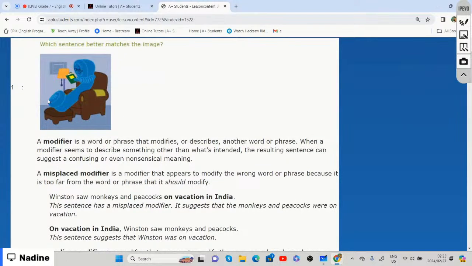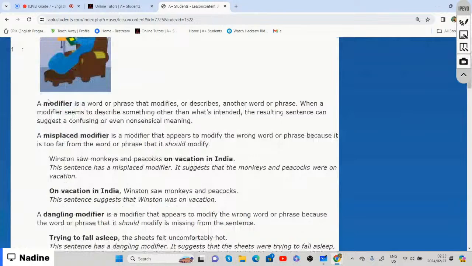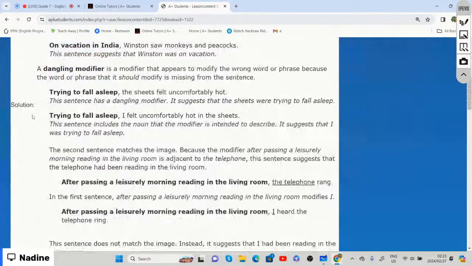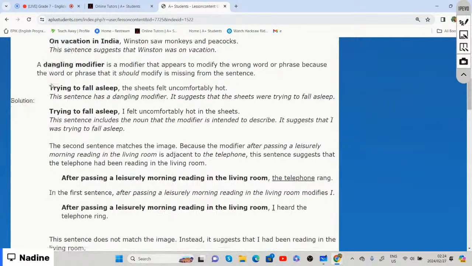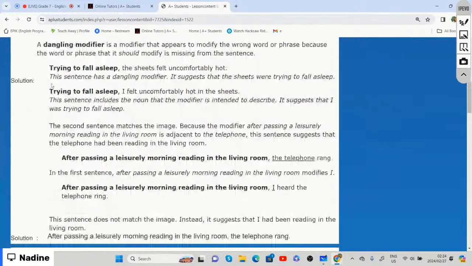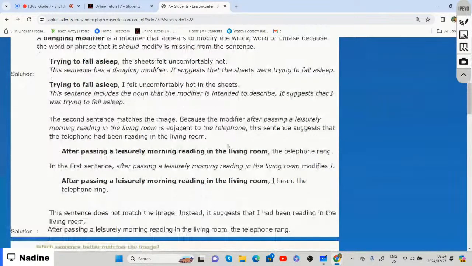So now we need to choose the correct sentence that matches that picture. So do we say, after passing a leisurely morning reading in the living room, the telephone rang?